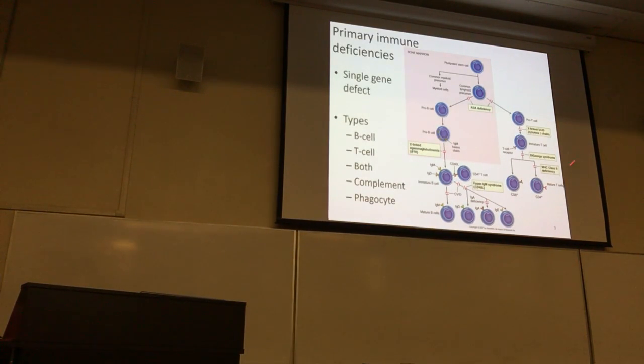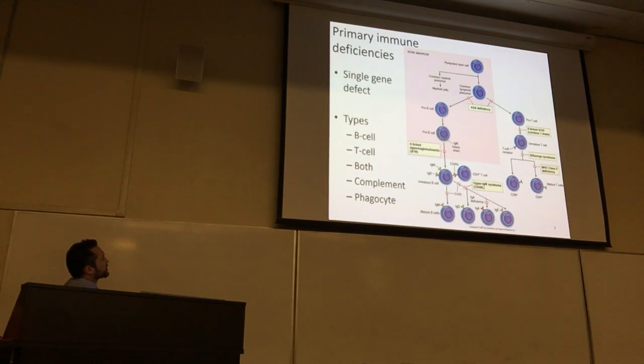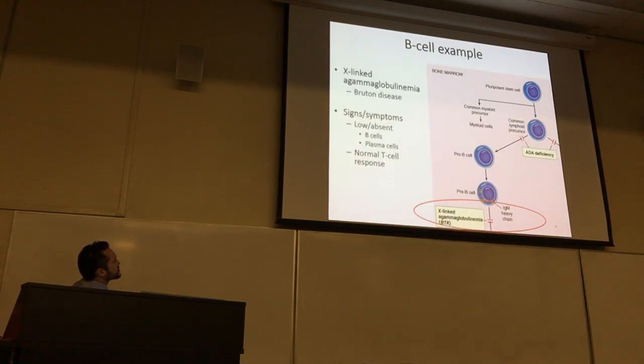Okay? So we're going to look at some of the little disorders that take place along this tree. So this is a good study tool. So the first one we're going to blow up and look at, is right here.